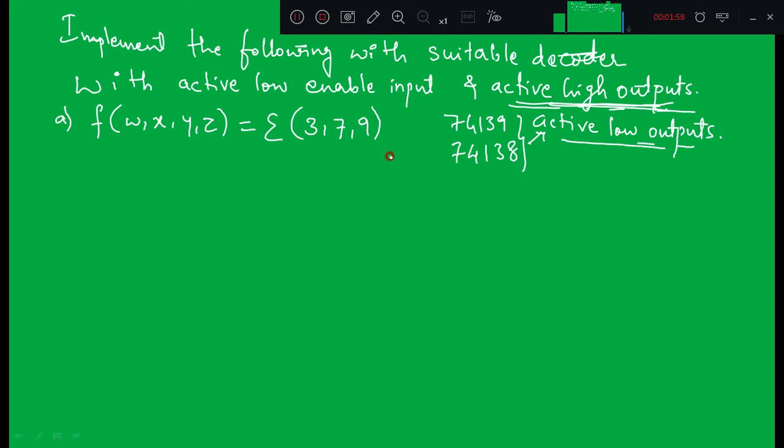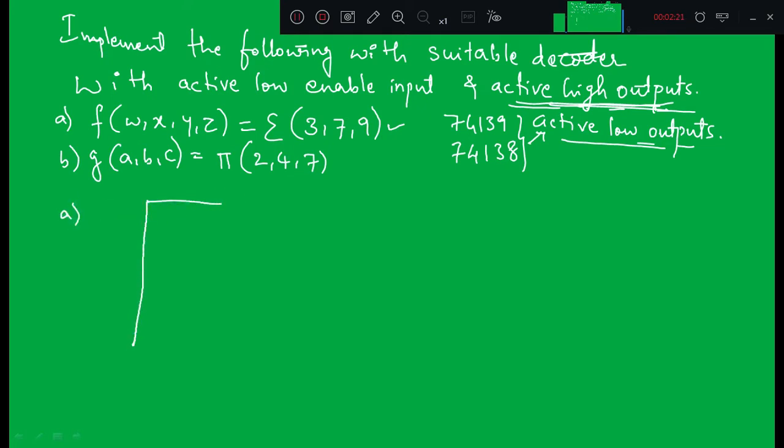So the first function is f of wxyz, summation of 3, 7, 9. Next, g of abc is equal to pi of 2, 4, 7, right? For the first function you can use a 4:16 decoder. Let us design.